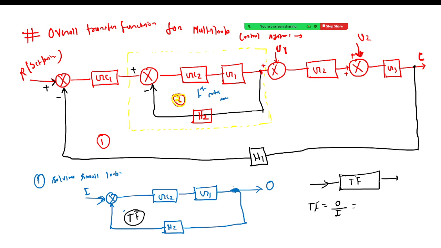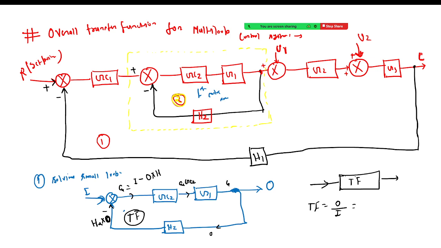How can I calculate output by input? This one will be your output O. Here there is negative feedback, so H2 is multiplied with your output O, and here there will be the error. The error will be I minus O into H2, and again it will get multiplied with GC2, so E into GC2, right?